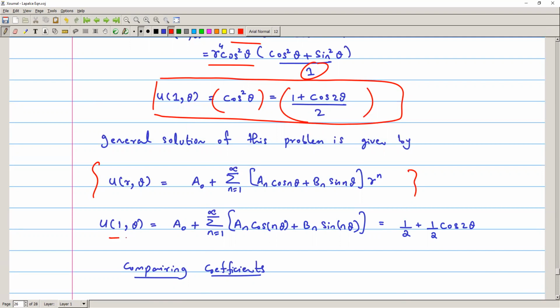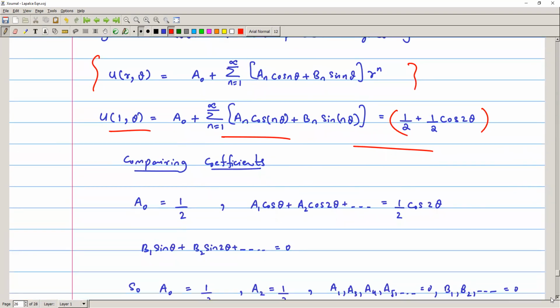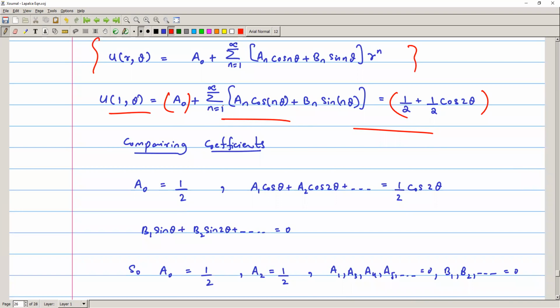We can just apply the boundary condition which is given, that is equal to this one we already found here, formulated from the given Cartesian form. Now we can simply compare the coefficients to find the Fourier coefficients, that is a naught, a_n, and b_n, right? So a naught equals half.